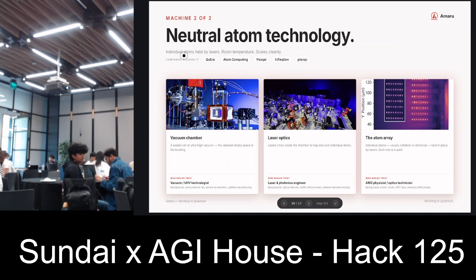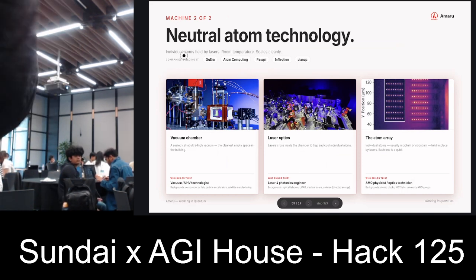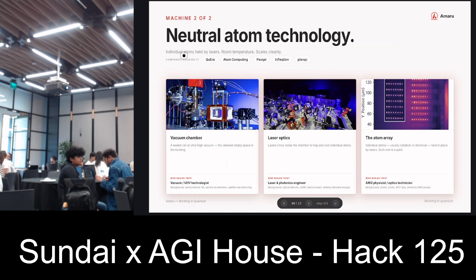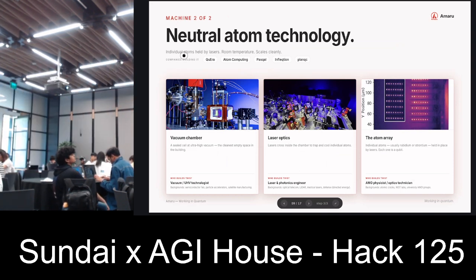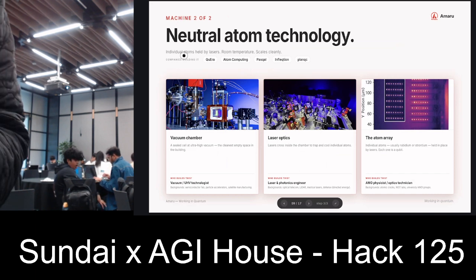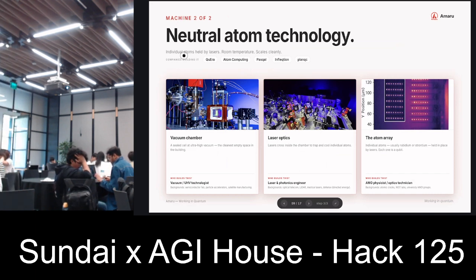These atoms sit inside a sealed vacuum chamber, and the vacuum means most of the air has been removed, so stray air molecules almost never bump into the atoms. Instead of wiring every qubit, a neutral atom system uses lasers. A tightly focused laser beam acts like a tiny tweezer made of light, and that's why you will hear the phrase optical tweezers when talking about neutral atom.